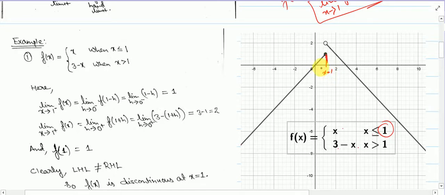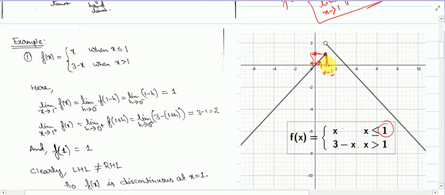I will take x equal to something which is a little less than 1, somewhere here, and then I will approach towards x equal to 1, and in that case I will get whatever value is here for this function.